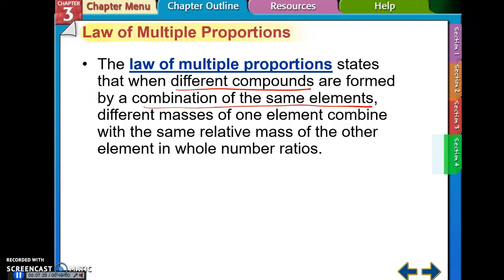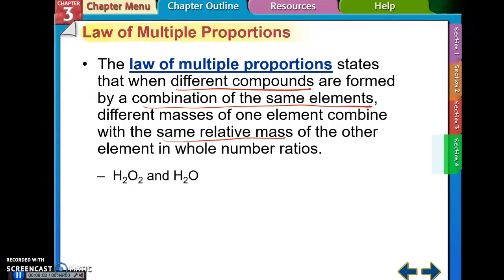They're going to combine with each other in the same relative mass of the other element and in whole number ratios. Basically what that means is that no matter what I have, carbon is going to want to bond with hydrogen, no matter what compound it is, what chemical it is, in the same relative mass. It's not going to change that much.